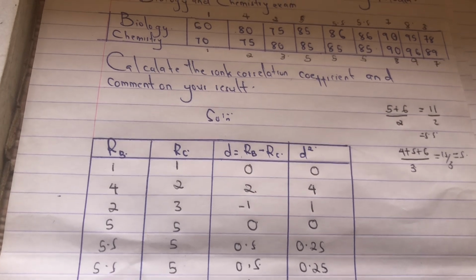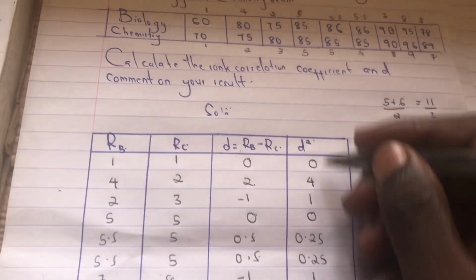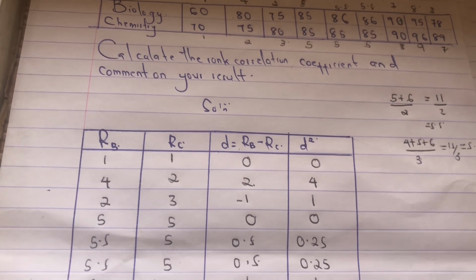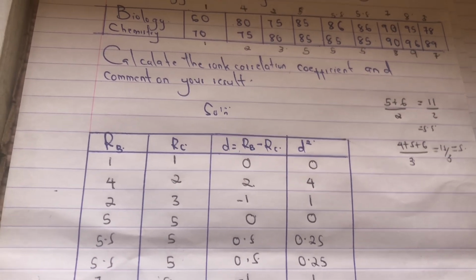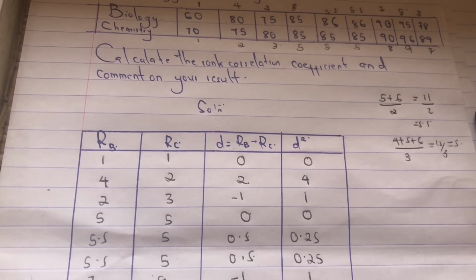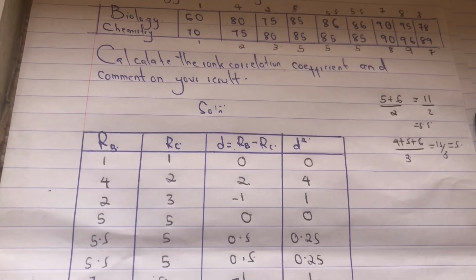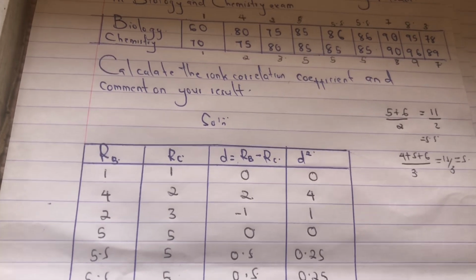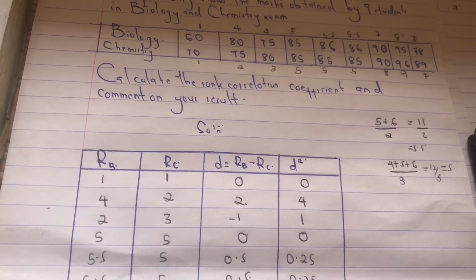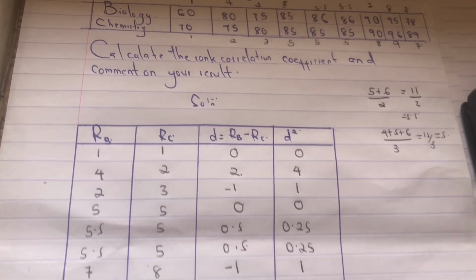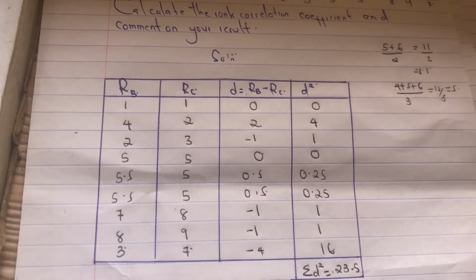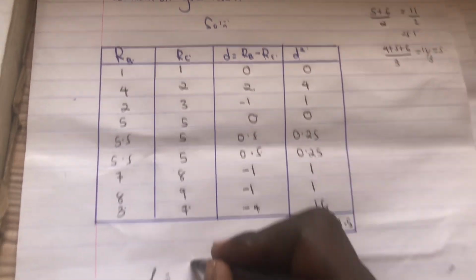And then we add up the summation of d squared: 4 plus 1 plus 0 plus 0.25 plus 0.25 plus 1 plus 1 plus 16 gives us an answer of 23.5.